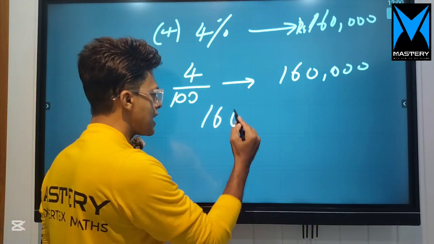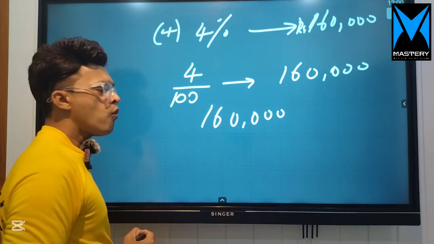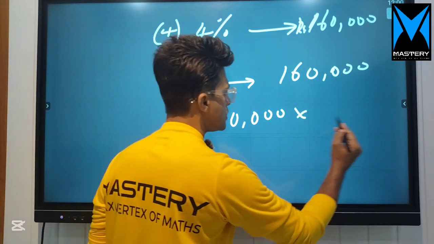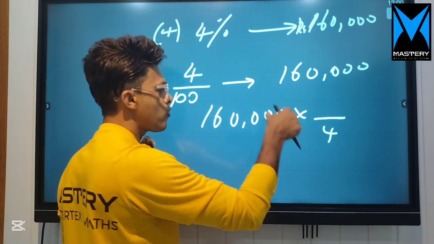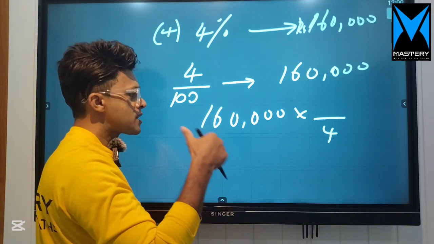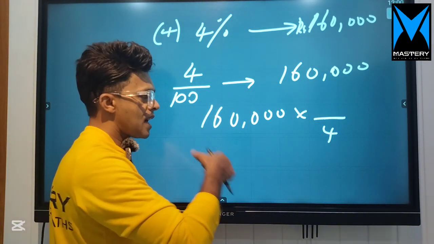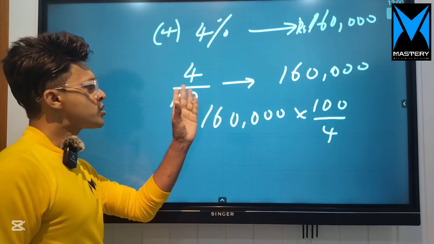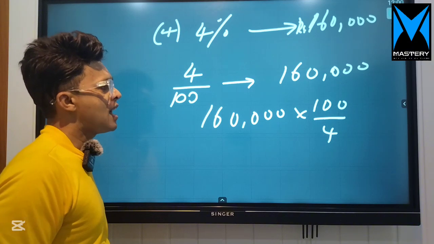You need to get the reciprocal of this 4 over 100. First of all, you need to divide this by 4. The reason for doing that is, when you divide this whole value by 4, you are able to get 1% here. Okay, 1%. After getting 1%, that amount times 100. Anyway, instead of using the reciprocal of 4 over 100, multiply this value.